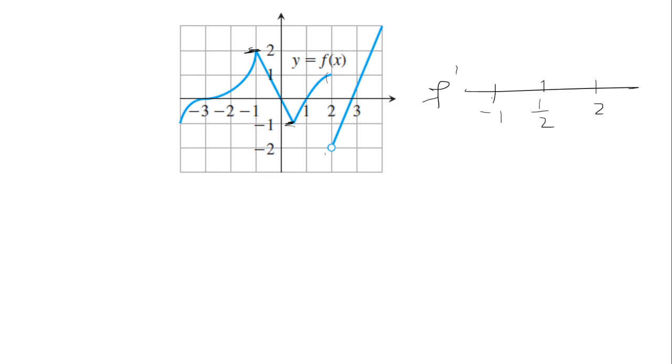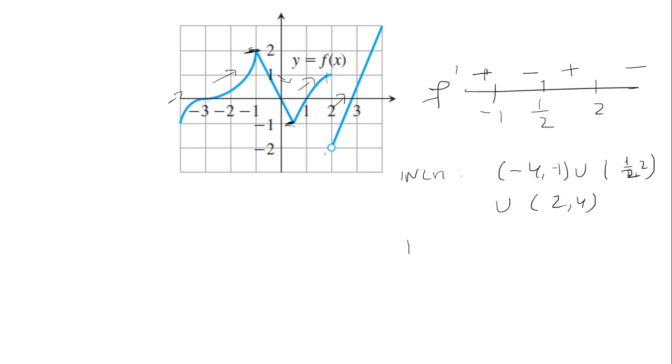Okay, so it's increasing, increasing, decreasing, increasing, increasing. This is just going to alternate. So increasing from negative 4 to negative 1, 1/2 to 2, 2 to 4, decreasing negative 1 to 1/2.